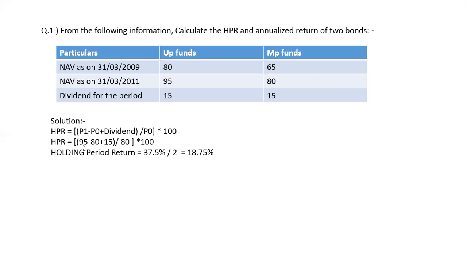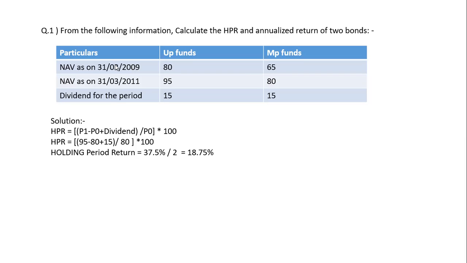HPR is equal to 95 minus 80 plus 15 income, divided by price at the beginning. This is the investment amount, so divide with the investment amount, price at the beginning, into 100, and you will get 37.5.